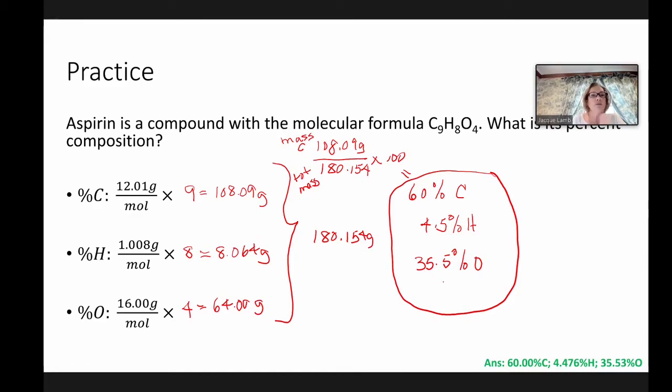So it's going to be around 100%. The difference is rounding errors. Notice these answers down here show 60%, 4.476, 35.53. These are not necessarily appropriate significant digits. So when you round to the appropriate number of significant digits, you will sometimes find that when you add it up, it's very slightly more than 100 or very slightly less. That's okay. Those are just simply rounding variations, and it's okay.